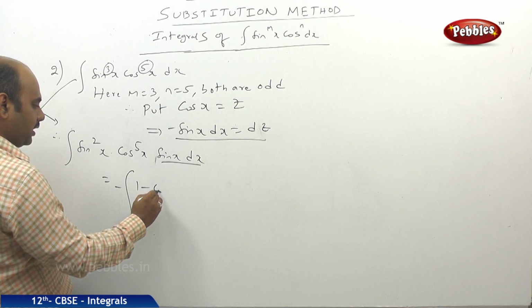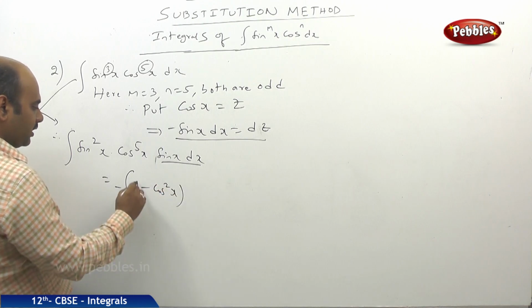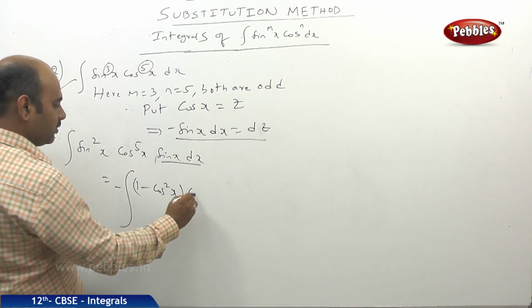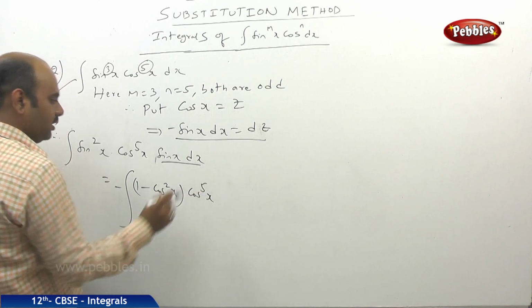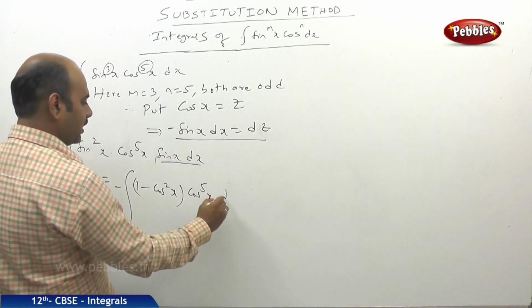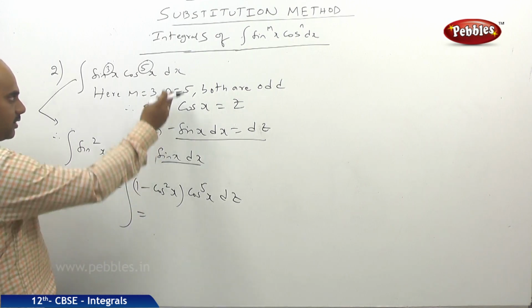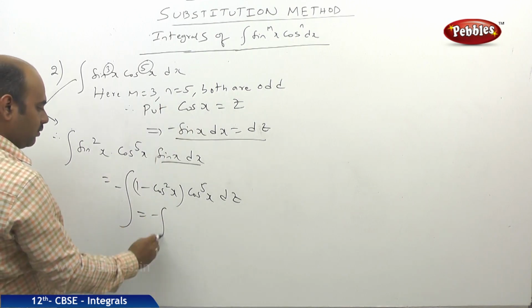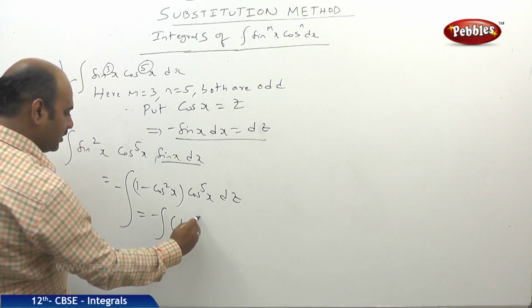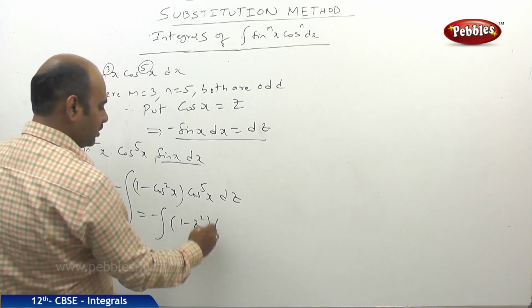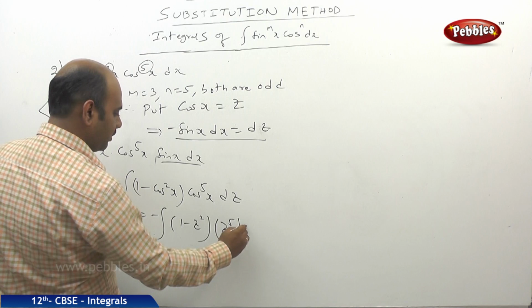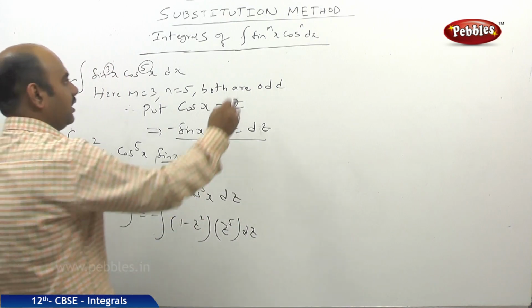So 1 minus cos square x, and here cos power 5x, and sin x dx I will write directly as dz. So minus outside, but cos x is nothing but z only, no? So what happens? 1 minus z square into z power 5 into dz.